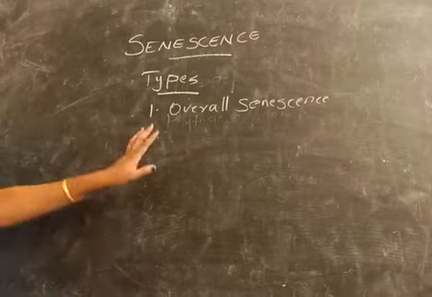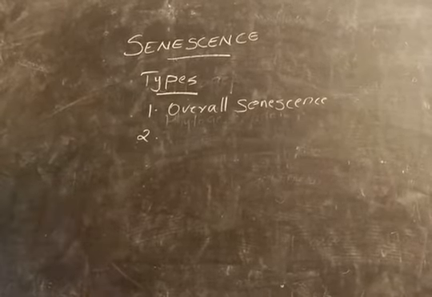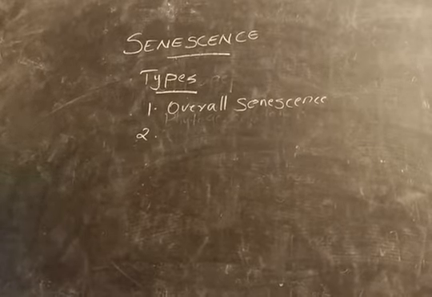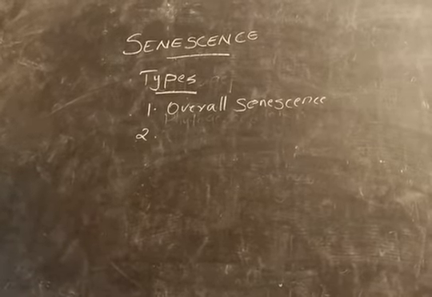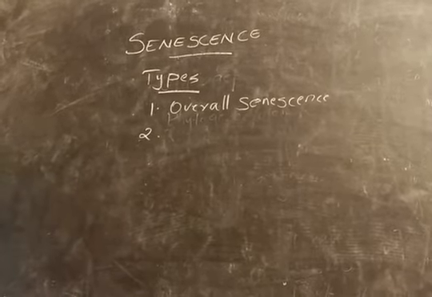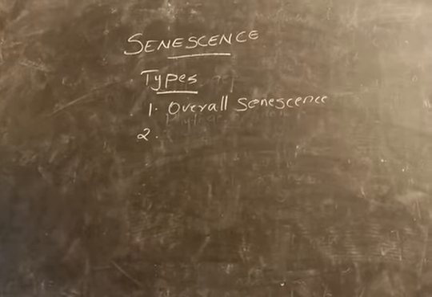Examples: wheat, soya bean, agave and bamboo. Overall senescence may happen in both annual plants as well as perennial plants.